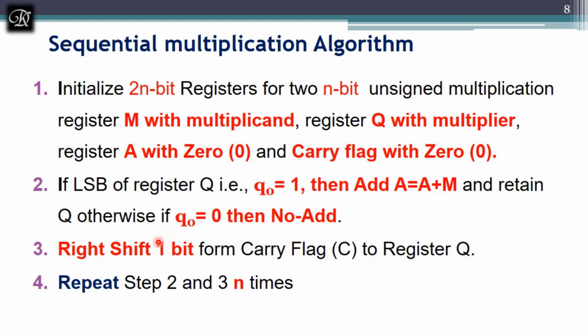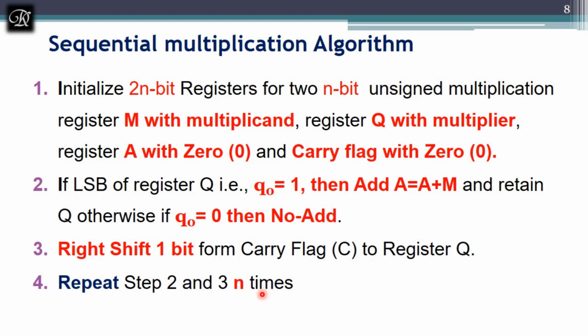After that, you have to shift right 1 bit. You right shift 1 bit from the carry flag to register Q. You move from the carry flag to register Q by 1 bit position. Repeat steps 2 and 3. These two steps we have to repeat n times. What is n?